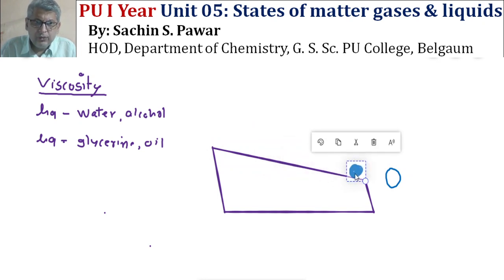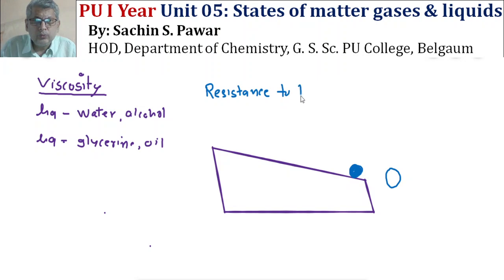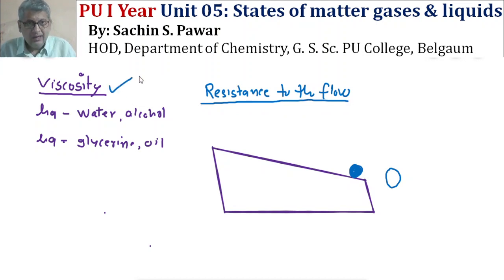So oil is going to show some resistance to the flow. Some liquids show some resistance to flow. This resistance to the flow of liquid is known as viscosity.